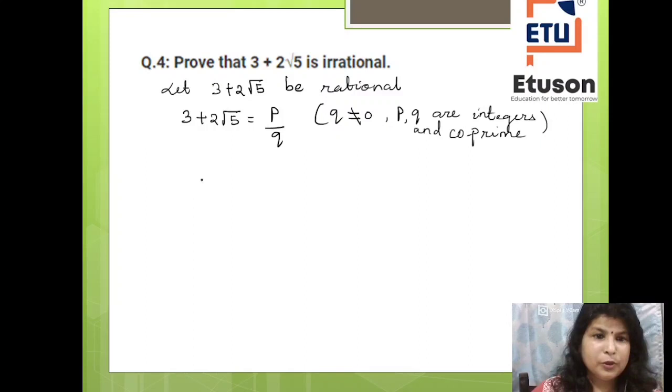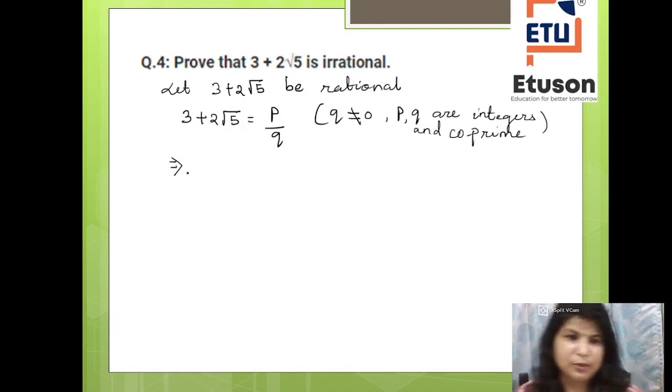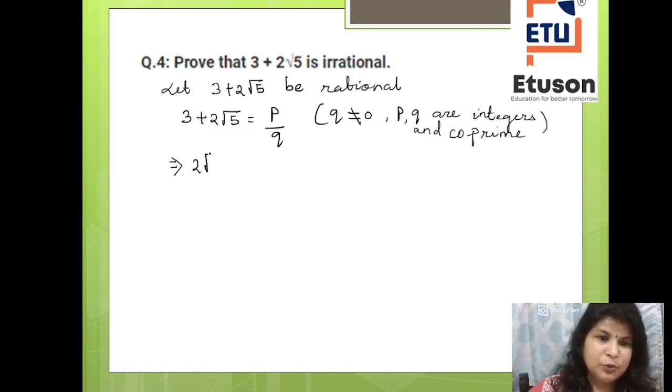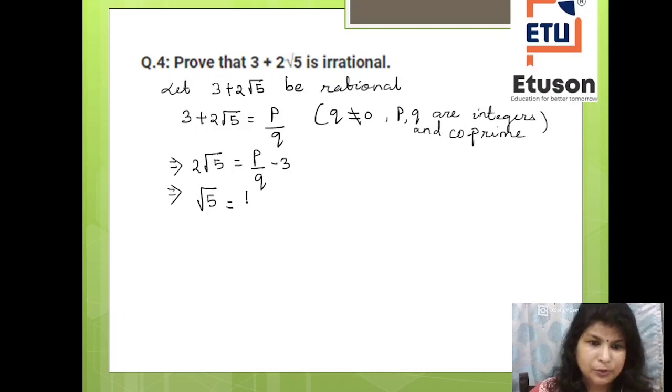Correct. So now what will we do? We will take the root 5 to one side and the other constant to the other side. So 2 root 5 is equal to P by Q minus 3. And what about root 5? Root 5 is equal to half of P by Q minus 3.